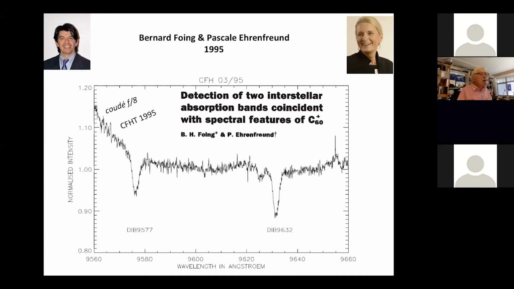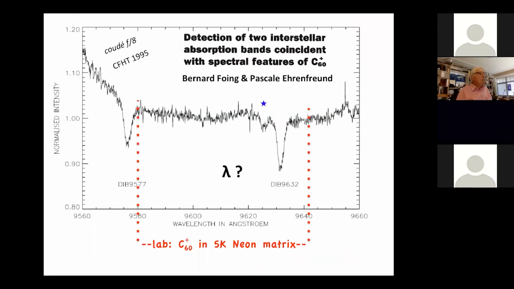But the problem was that at that time, there were no good lab values for the absorption lines. The only lab data available was the absorption from C60+ in a very cold neon matrix, which of course, being a solid, introduces line shifts of an unknown amount.